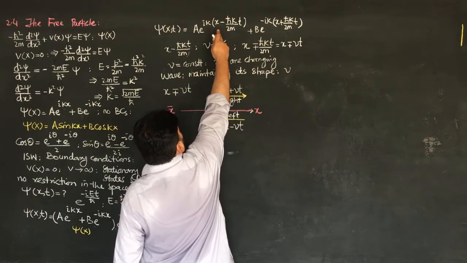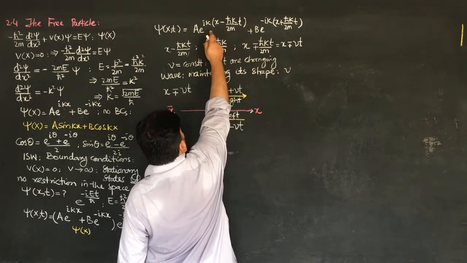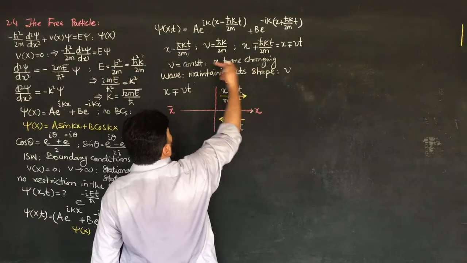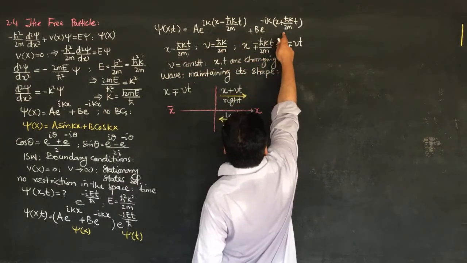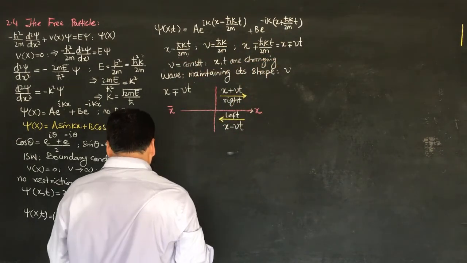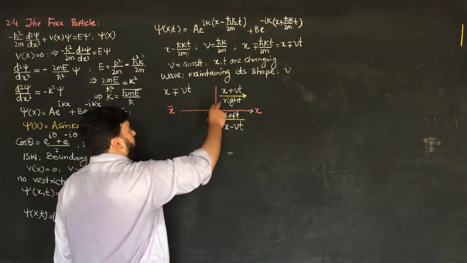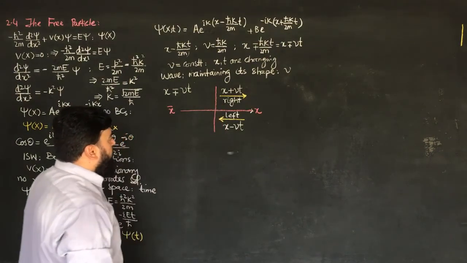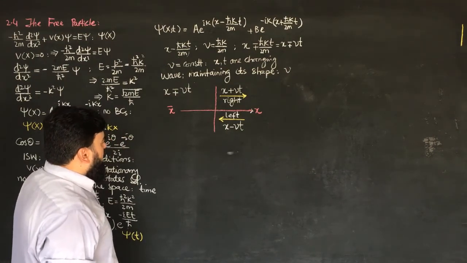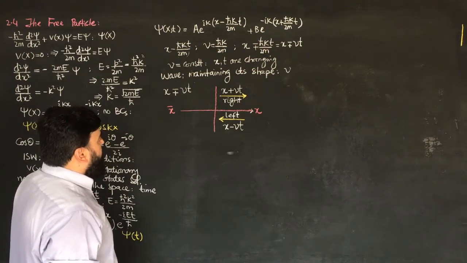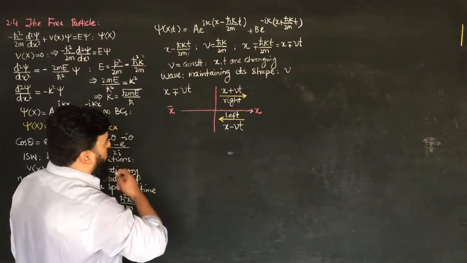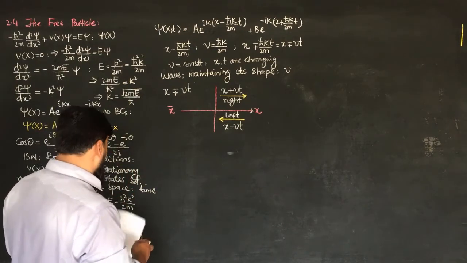It means that this portion of the wave is going to the left, while this portion of the wave is going to the right. If I remove the coordinate system, it is the same wave, only its direction has changed.